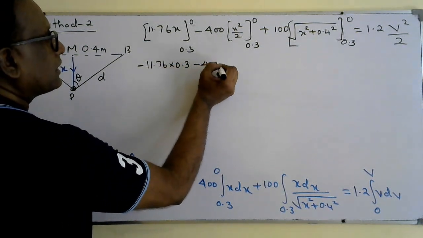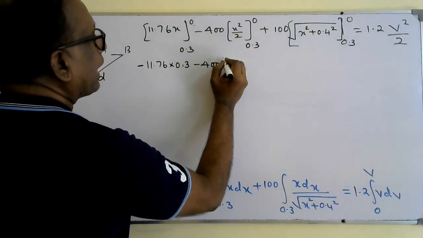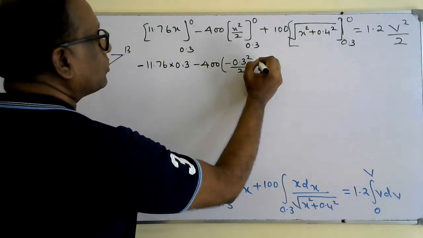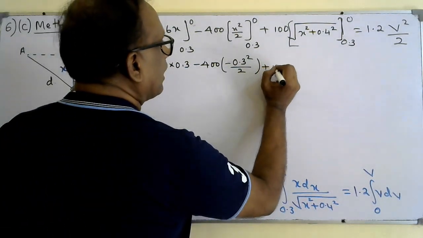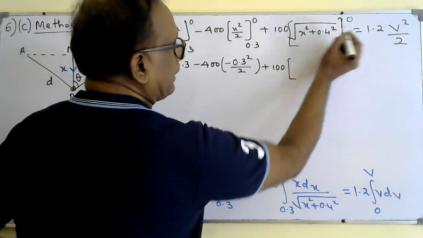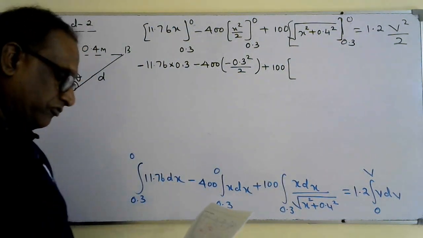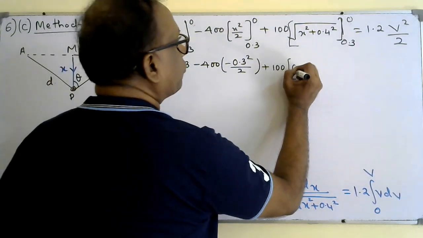Minus 400 x squared by 2: if you put 0, it will become 0, so minus 0.3 squared by 2. This is minus, it will become plus 100. When you substitute 0 here, x becomes 0, so it becomes the square root of 0.4 squared, so that will be 0.4.